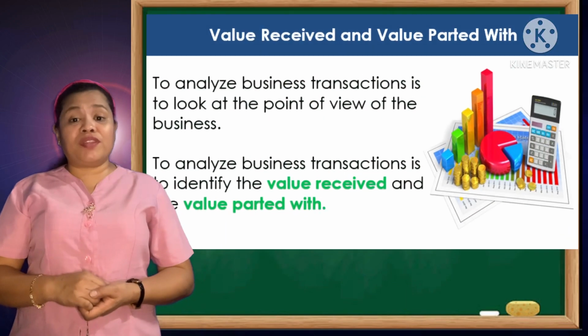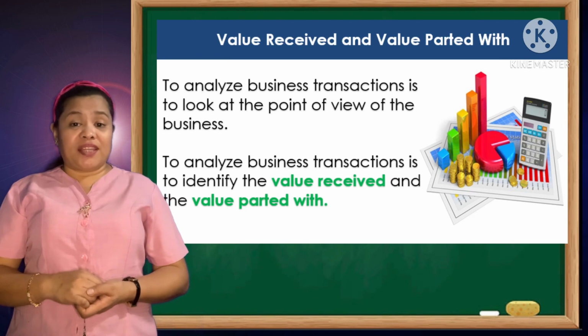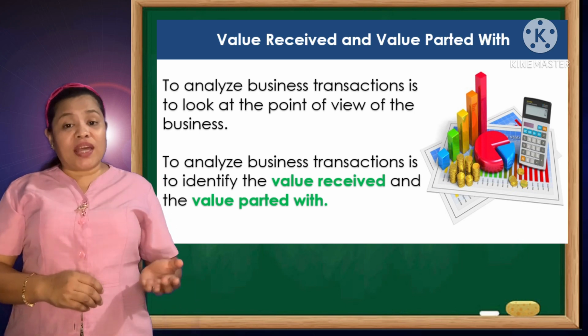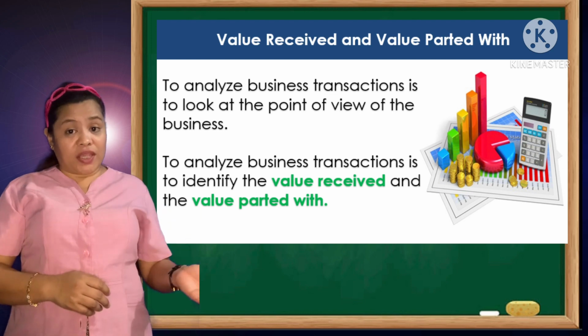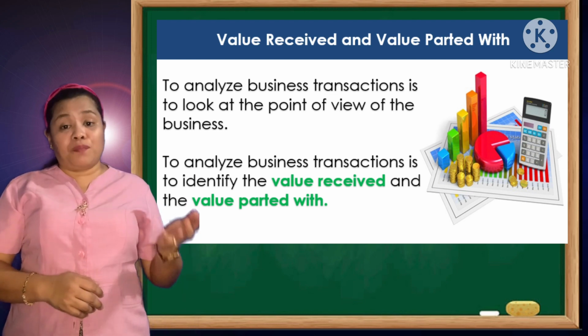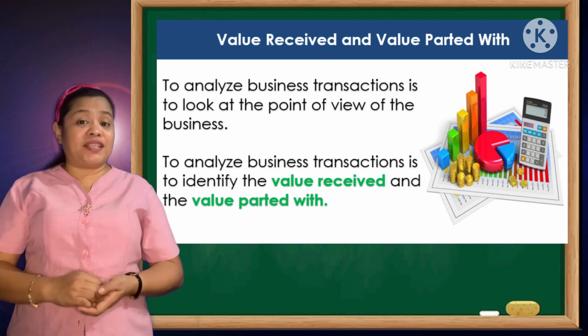The point of view of the business is examined when analyzing a business transaction. Identifying the value received, or the value obtained, as well as the value parted with, or the value given up, is very important in analyzing a business transaction.